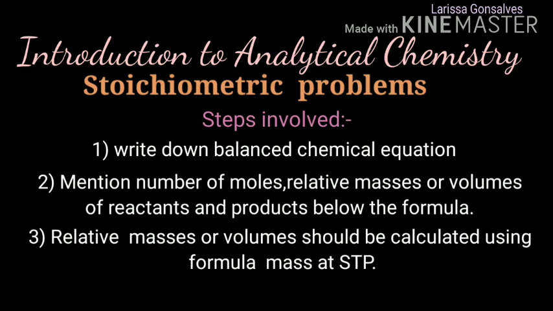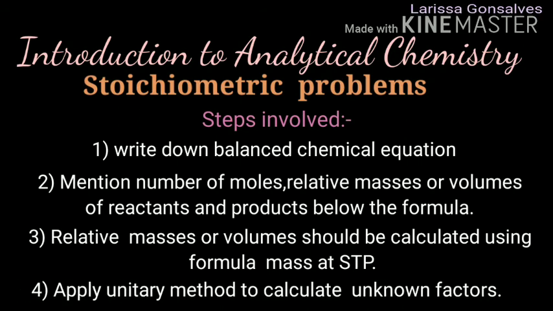Relative masses or volumes should be calculated from the respective formula mass, which we have already studied in the previous chapter, but we need to take the condition of standard temperature and pressure into account. And then we have to apply the unitary method to calculate the unknown factors as required by the problem.